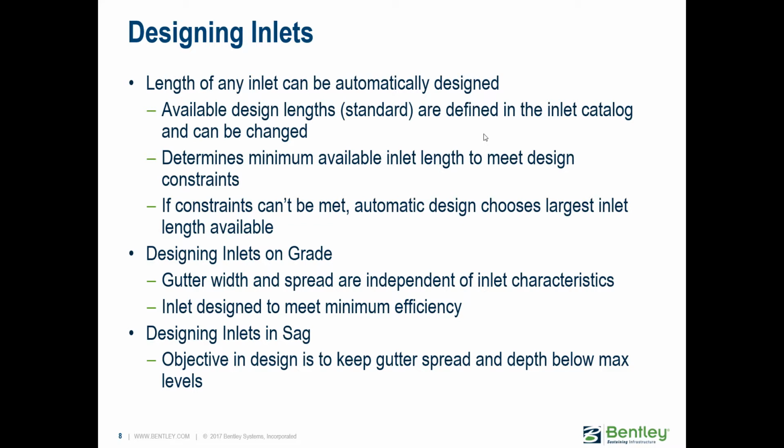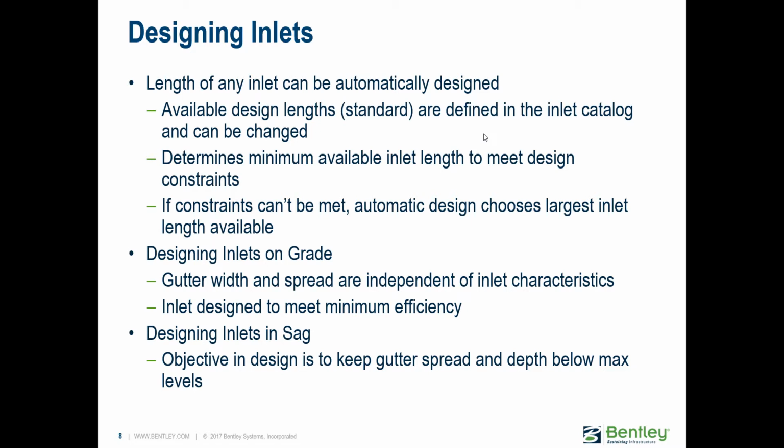I will show you when we get to the workshop what the inlet catalog can look like. We don't have all the inlets in the world already added to our catalog, but we have a few. They're mostly DOT standard type of inlets. But if you happen to use a different kind, then you can simply enter it and make your own catalogs.